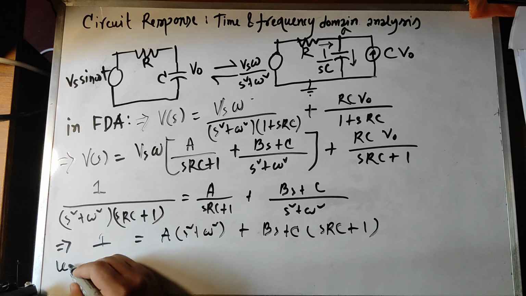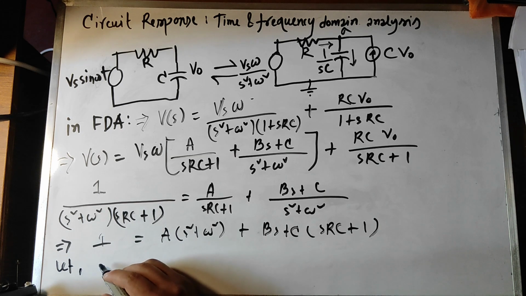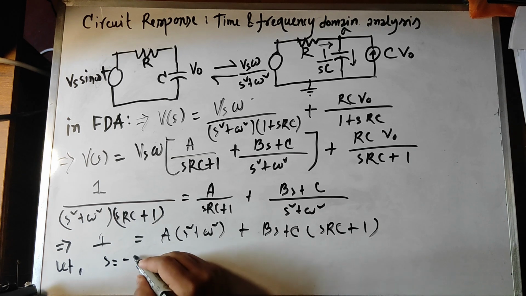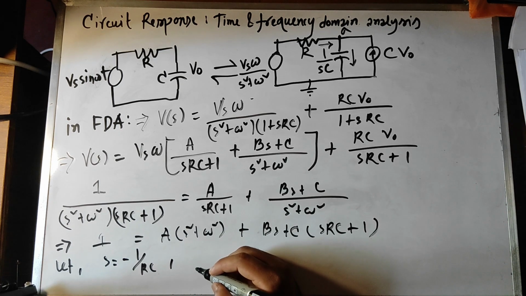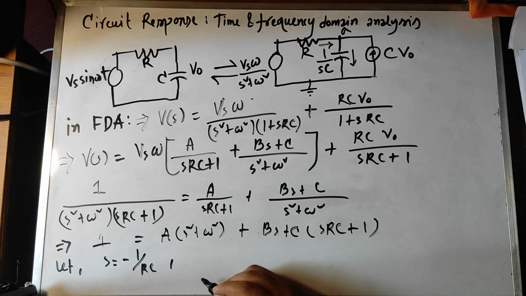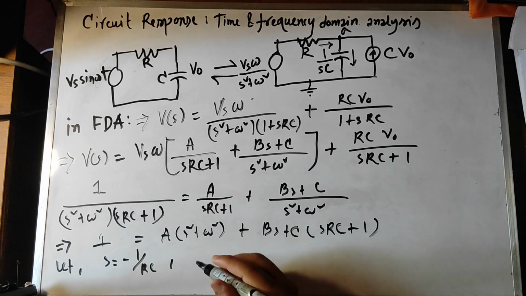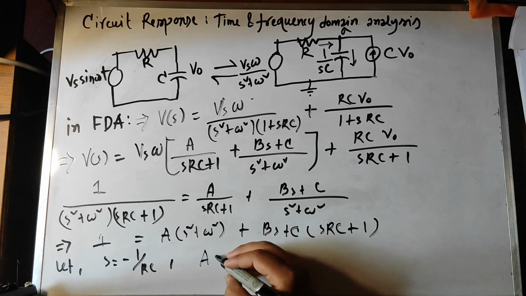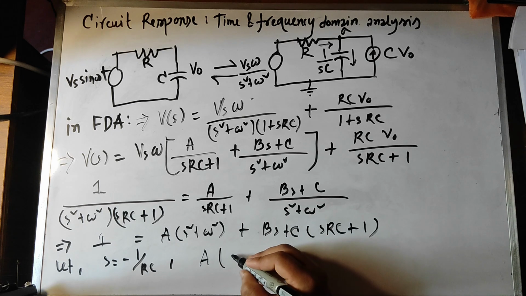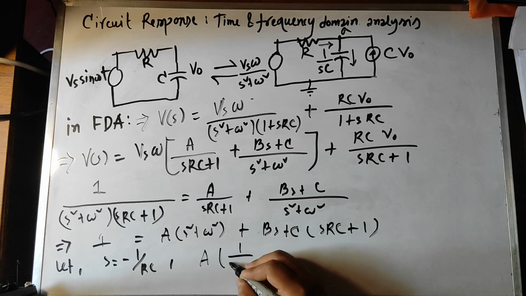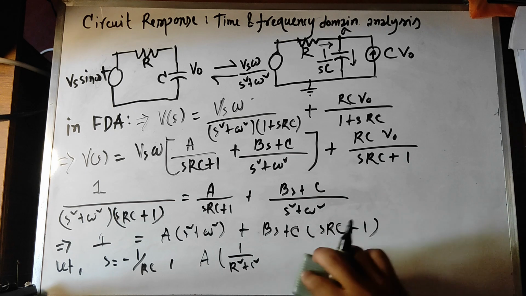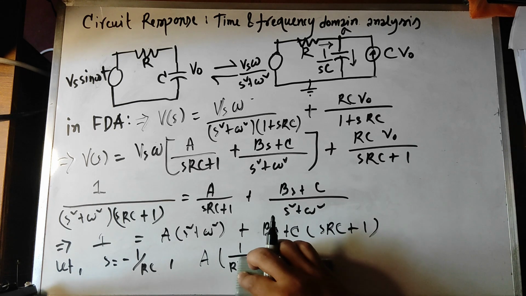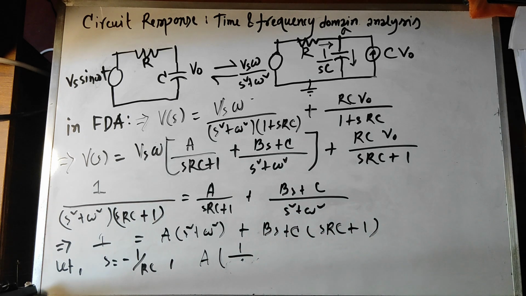Now let s equals minus 1 by RC, which will make this term 0, and we get 1 equals A times (1 by R square C square plus omega square).